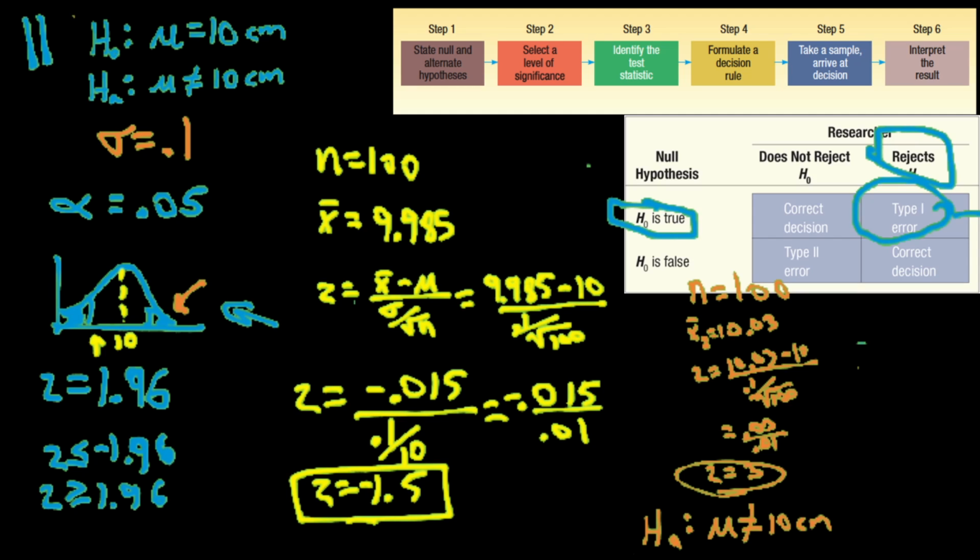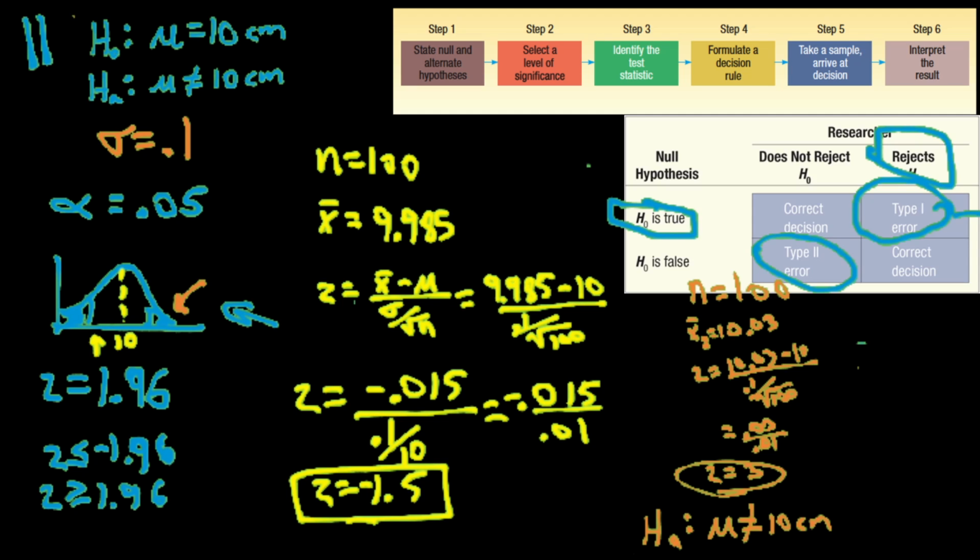But really, a type 2 error is when the null is not true, but we happen to find a sample mean from this other population that falls within the range where we do not reject the null.